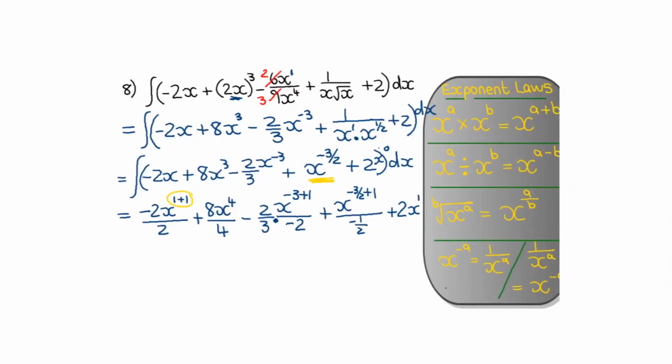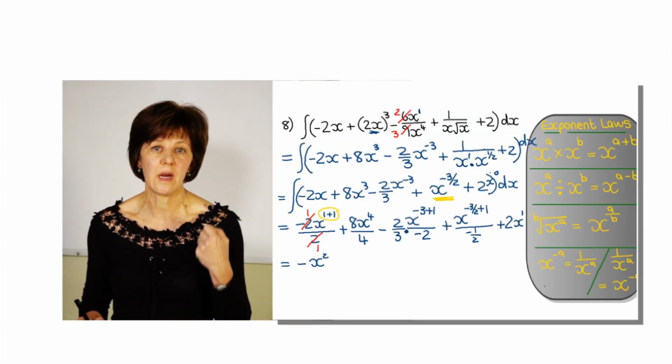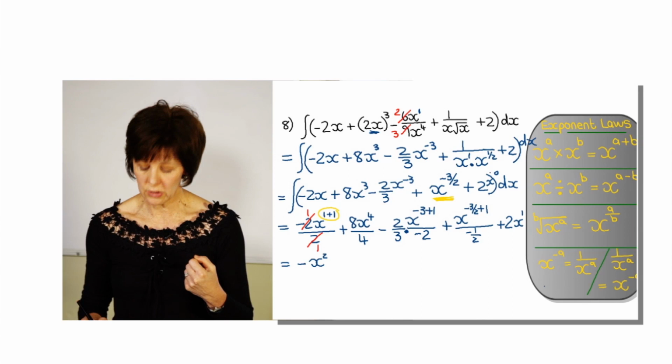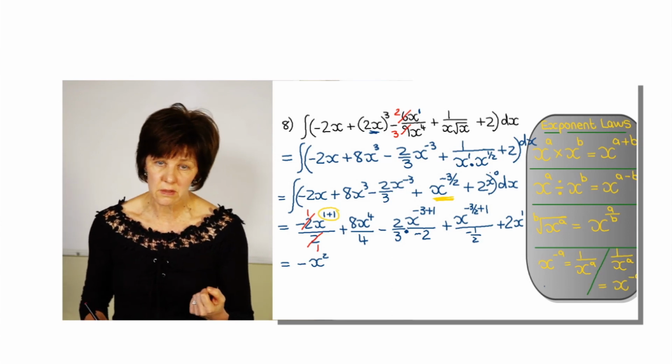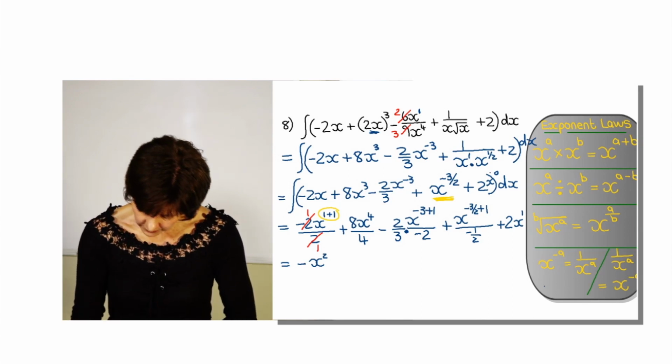So if I simplify this, the 2 will cancel with that 2, which will give me a negative x squared. Remember, I don't have a problem with a negative in front of the x squared. I just shouldn't give my final answers with negative exponents. The negative sign is not a problem.